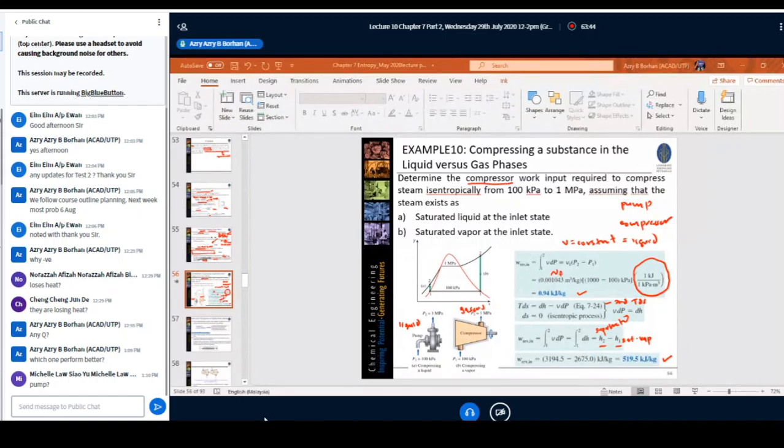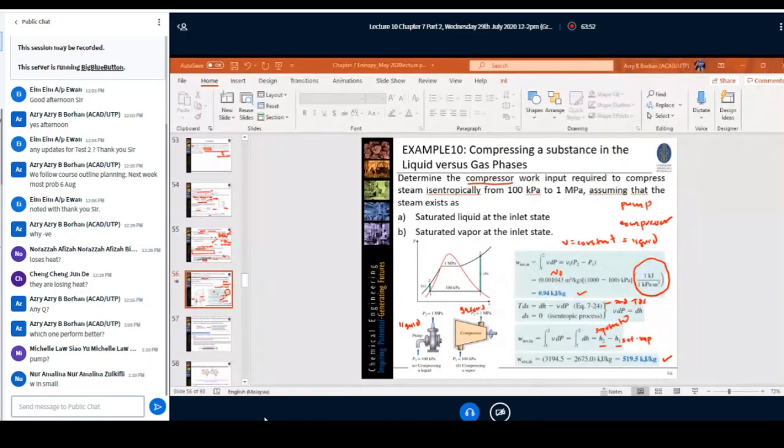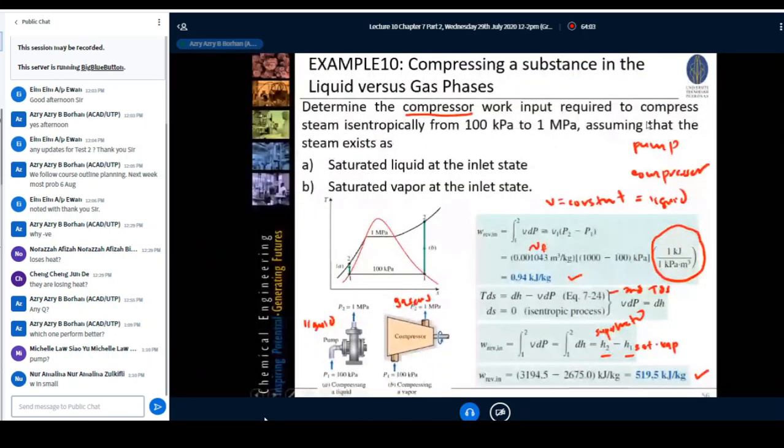You said pump, why? Okay, remember back. Here, for your pump, and this one for your compressor. Pump work is less than your compressor work, right?